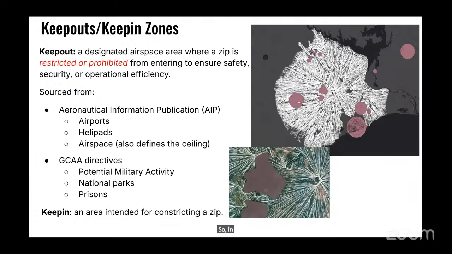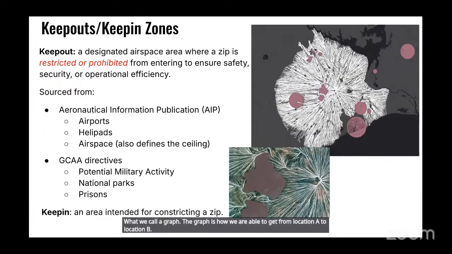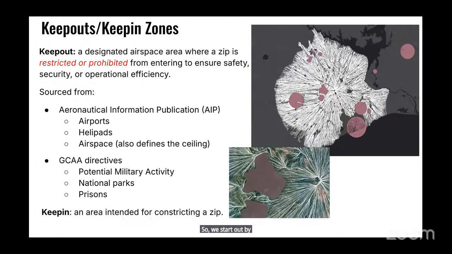So in this shot we can see a distribution center right at the heart of what we call a graph. The graph is how we are able to get from location A to location B. We start out by generating these graphs.